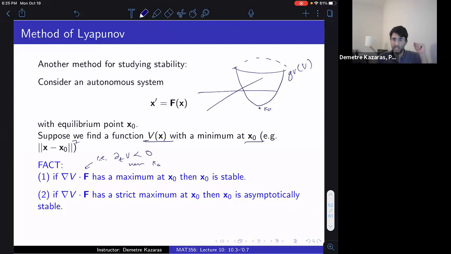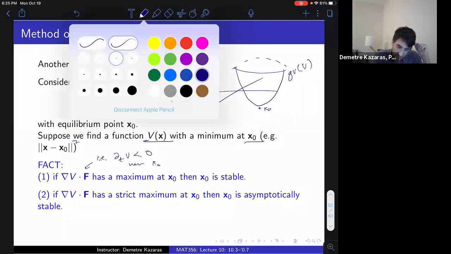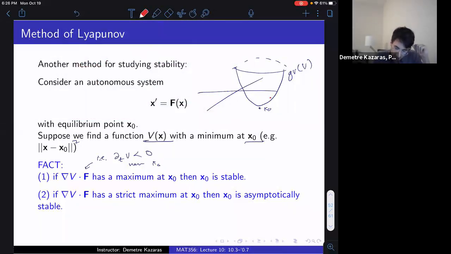That is like the following picture. You have a solution curve x of t, and you need to be kind of spiraling towards that equilibrium point.